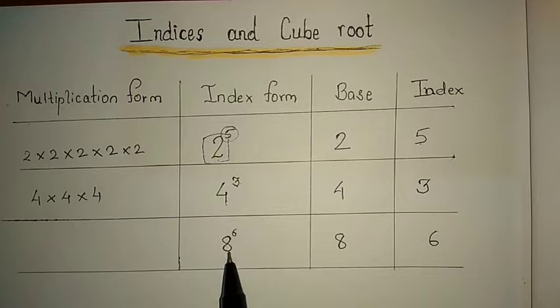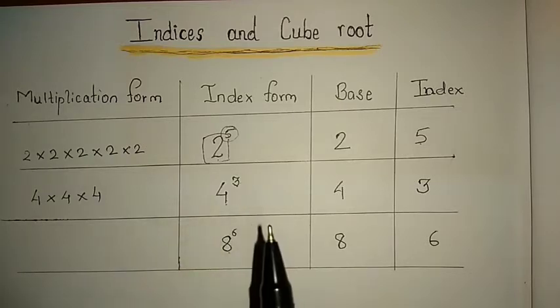Now how to write it in multiplication form? Many students, what mistakes do they make? 8 raised to 6, they write 8 multiplied by 6, which is the wrong method. 8 raised to 6 does not mean 8 into 6.